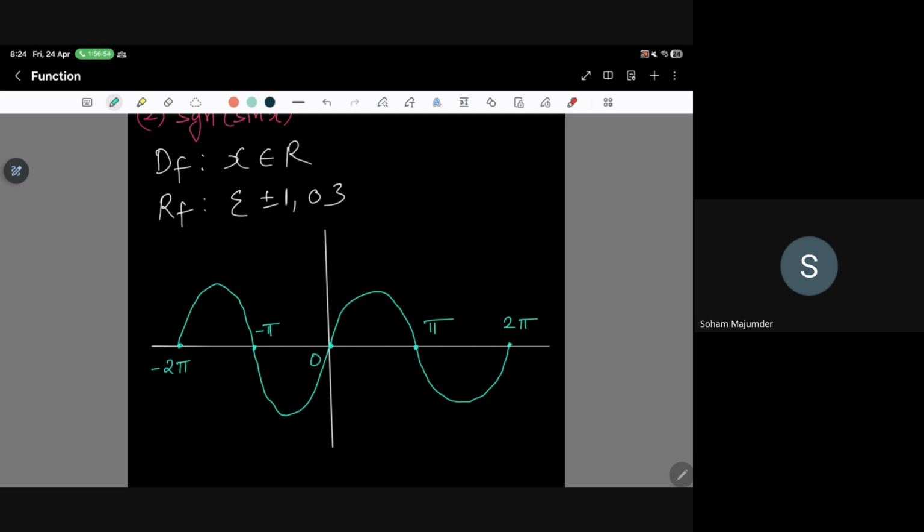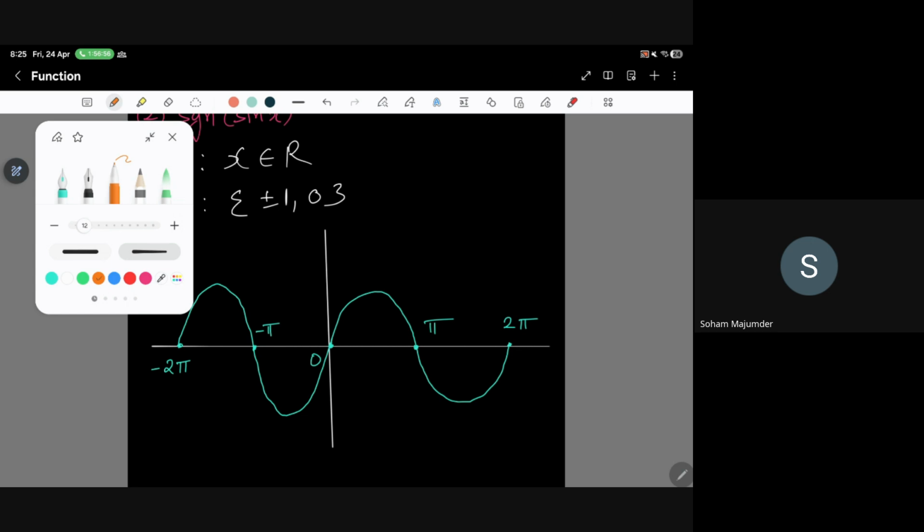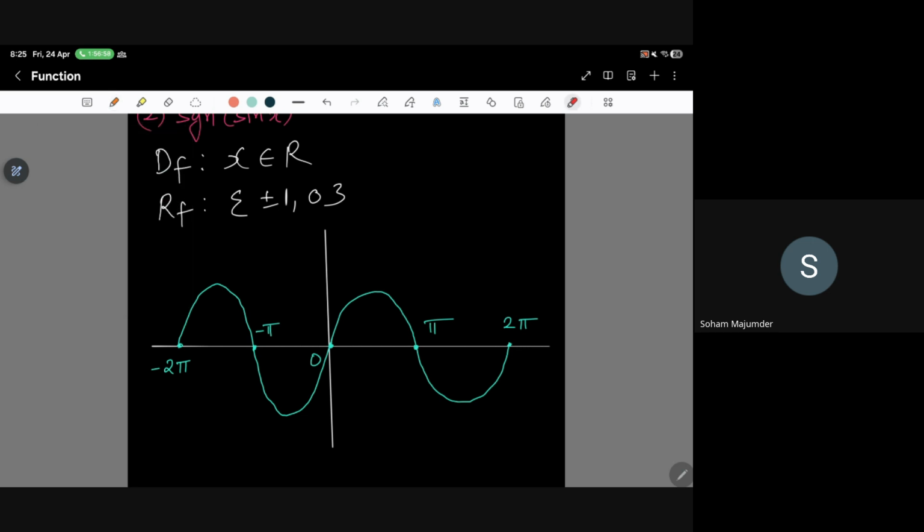So we have to check when the graph is positive, when the graph is 0. So graph is 0 at these points. So signum will give you 0 value at these points. Now between these 2 points the graph is positive. So signum of this part will give you value 1 and the highest value of sine is also 1.